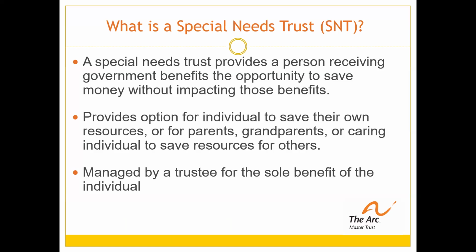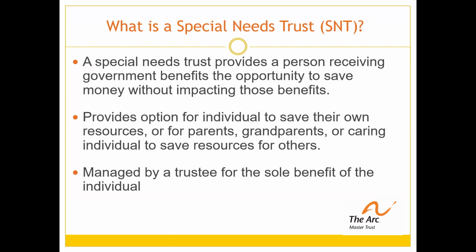Special needs trusts are a way to better an individual's quality of life. The benefits that the individual receives will still be used to provide for the care and support that they are designed to. A special needs trust can then supplement or pay for additional things that are going to increase the trust beneficiary's quality of life.